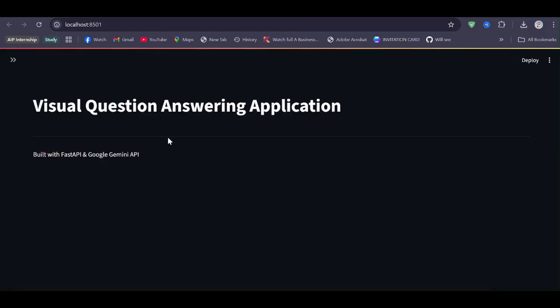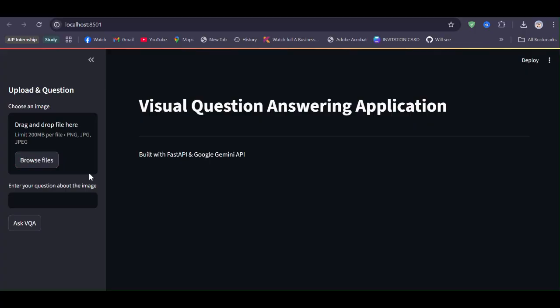Now let us look at the demo of the VQA application. Here you can see this is the format where you can browse a picture, then input a text query, and upon entering, it would answer accordingly.